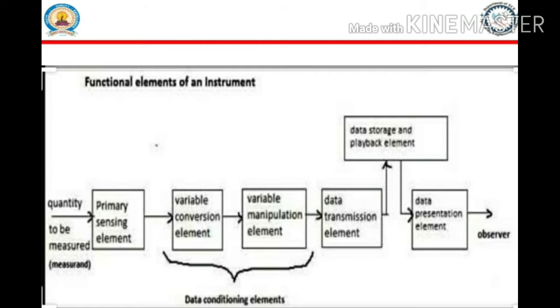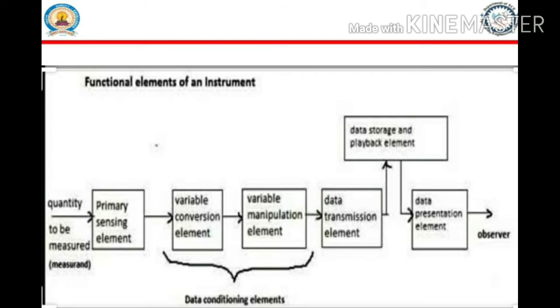So intermediate stage basically does variable manipulation operation. The output from input stage is nothing but a variable or sometimes signals. Both are same here. You can assume variable and signal. So the intermediate stage is taking the input from the primary stage. Under intermediate stage, again you can identify two different major jobs here. One is variable conversion or variable conditioning.